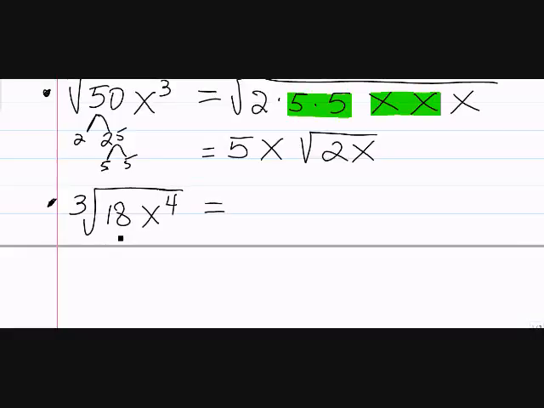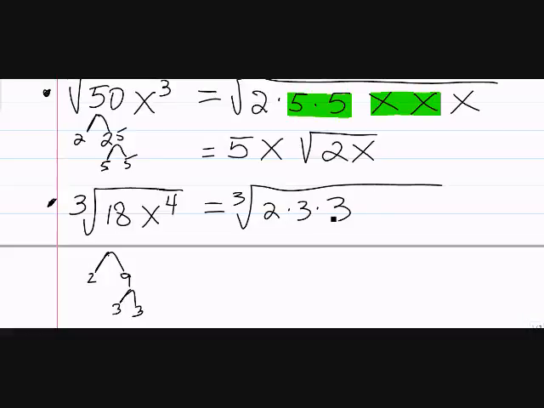That is, 18 is 2 times 9. 9 is 3 times 3. So that is the third root of 2 times 3 times 3 times x, x, x, x.